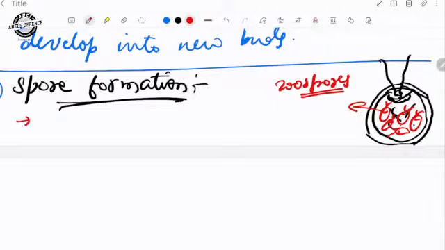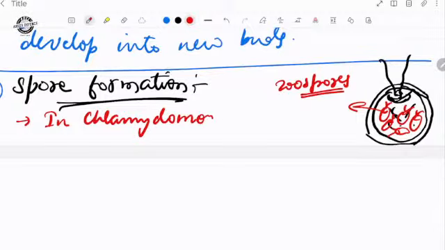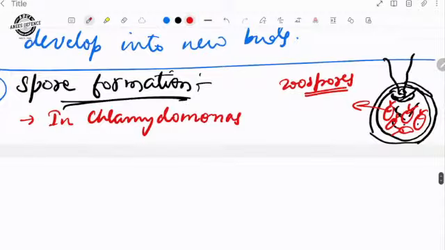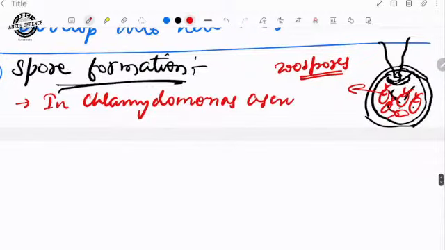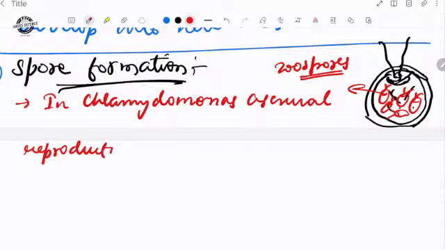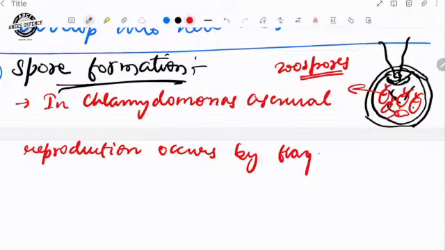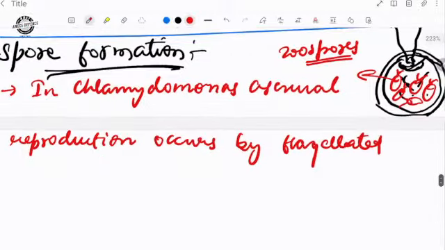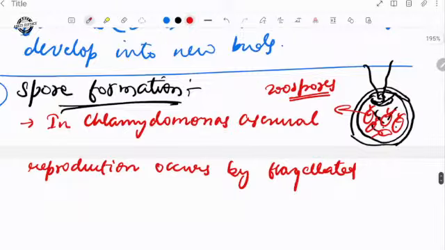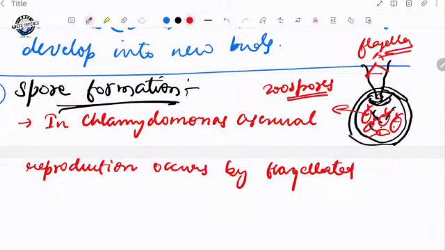Therefore, we can write here: in Chlamydomonas, asexual reproduction occurs by flagellated zoospores. Flagellated means what? You can clearly observe that these are the flagella. Understood?